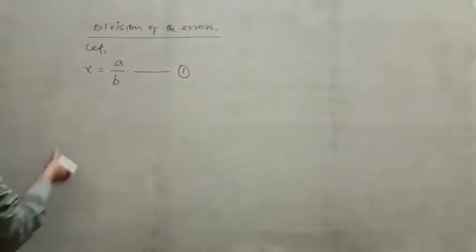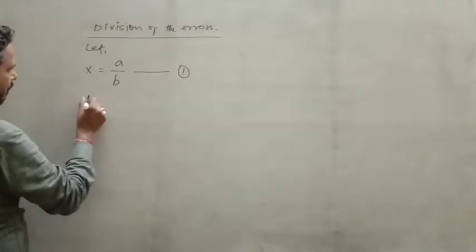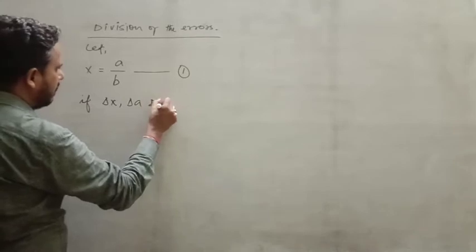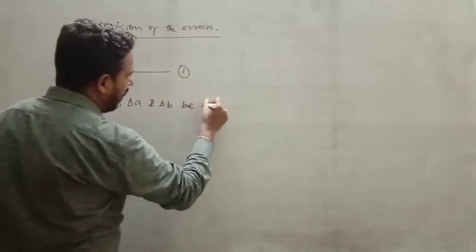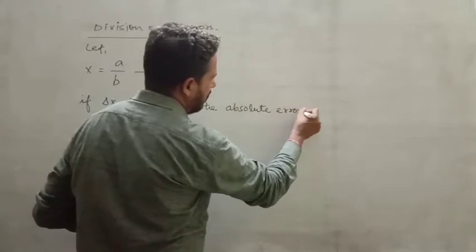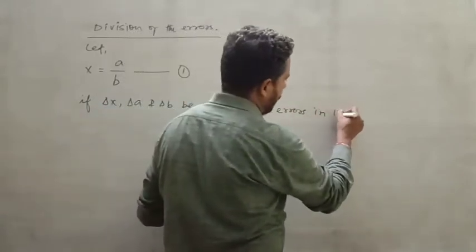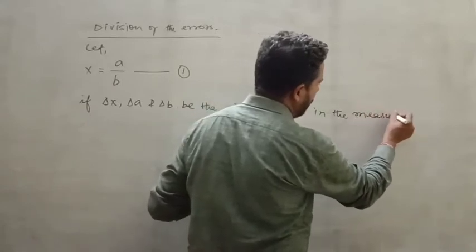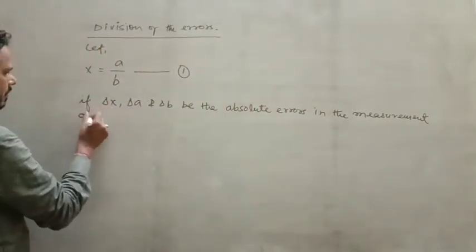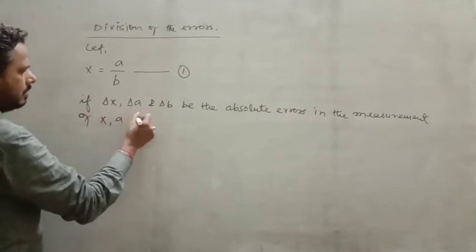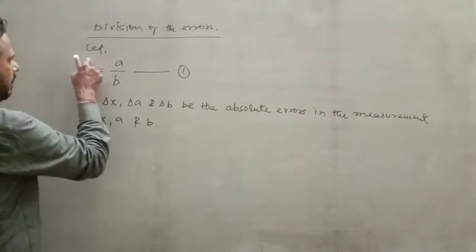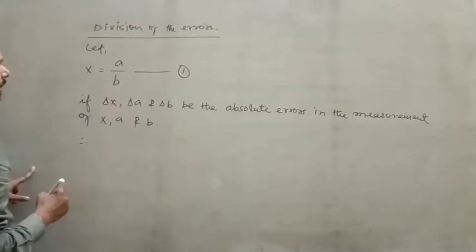Accordingly, if delta x, delta a as well as delta b are the absolute errors in the measurement of x, a and b, then you have to divide this with its absolute error.